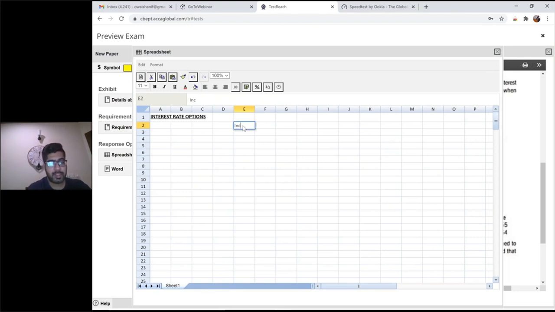First one was make heading of 2 cases, increase by 1.1%. Okay. And then decrease by 0.6%. Okay.